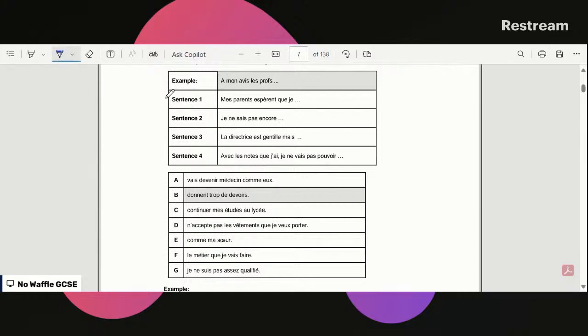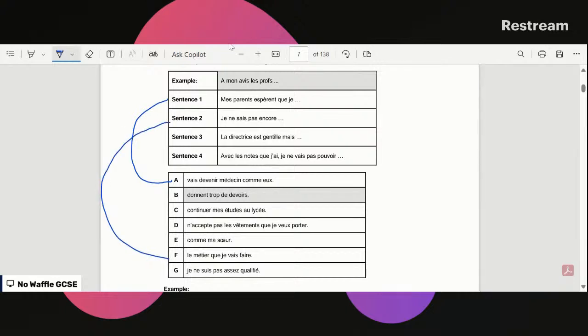So, sentence 1 matches up with A. Sentence 2, je ne pas encore, matches up with F. Sentence 3, la directrice est gentille, so the director or the head teacher is gentle, mais this matches up with D. But she doesn't accept clothes that I want to wear.